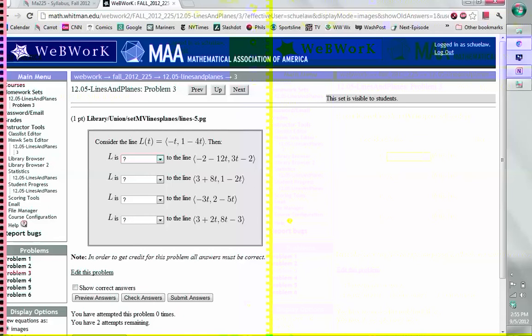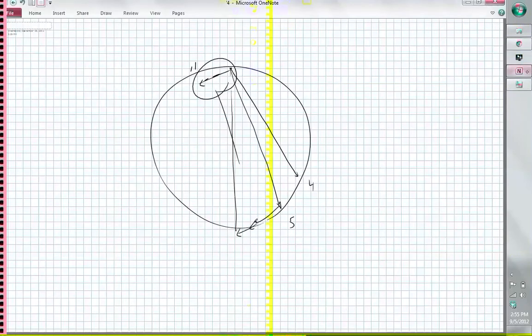The real trick, I think, is how do you figure out what the directions are of these vectors? Let's talk a little bit about that. And I'll focus on the first one here, -t, 1 minus 4t.